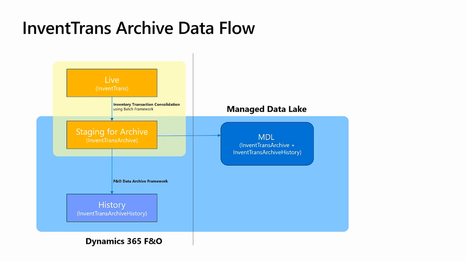Now the new framework moves that InventTrans archive to the history, and from then onwards the framework that we have for archiving and long-term retention handles it the way it does for other tables. So we are treating InventTrans a bit differently, for two reasons. One is that the solution was already live for those customers.